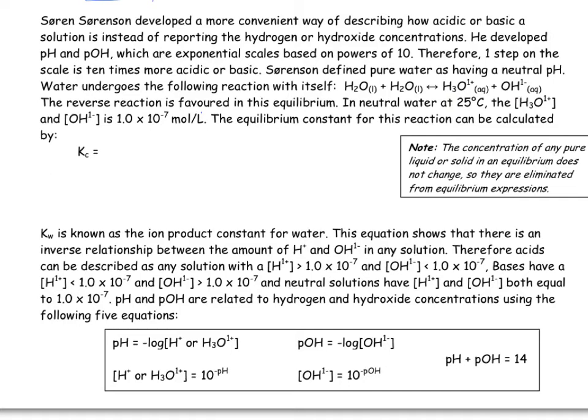The reverse reaction in this equilibrium is favored. In neutral water at 25 degrees Celsius, the hydronium and hydroxide concentration is 1 times 10 to the minus 7 moles per liter. The equilibrium constant for this reaction can be calculated using the following expression.